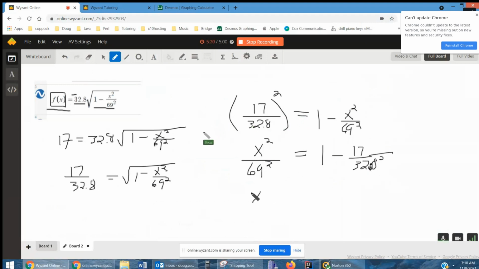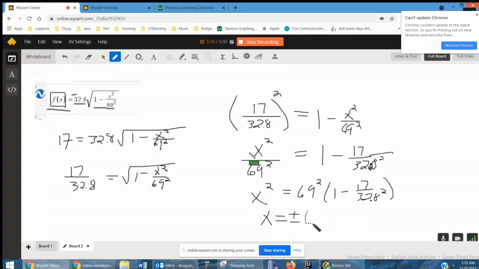And now multiply both sides by 69 squared. And take the square root of both sides. Now normally I'd say plus or minus. The plus will give us the distance to the right. The minus will give us the distance to the left.